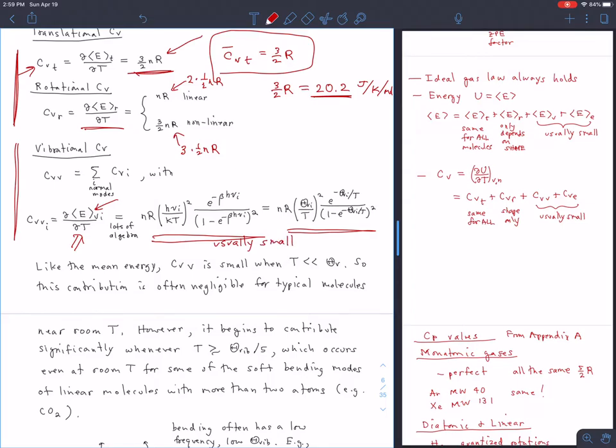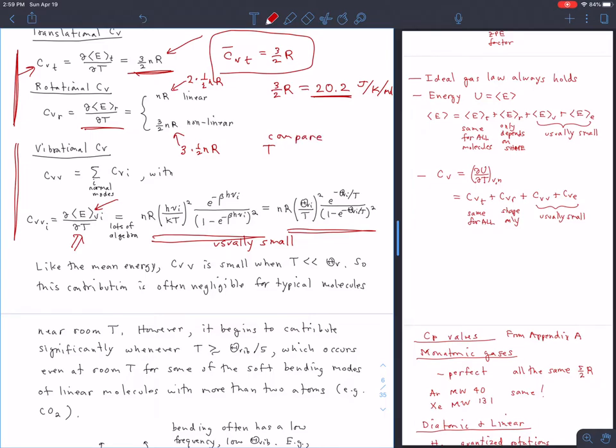You can tell when the vibrational contributions to either energy or heat capacity will be small by comparing the temperature you're at to the vibrational temperatures.